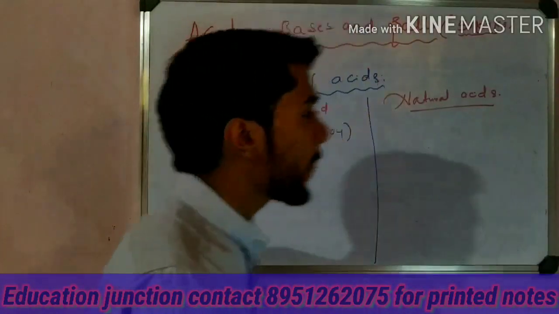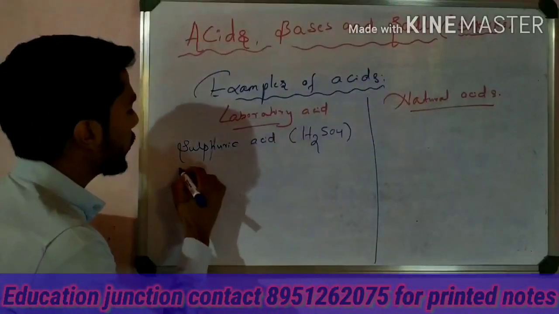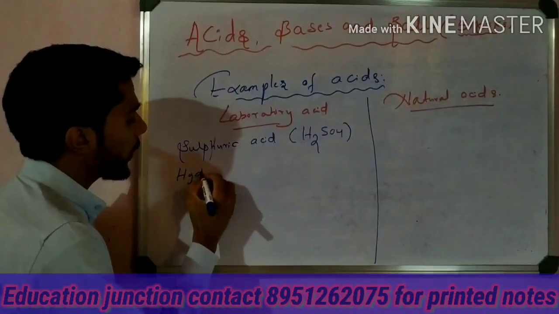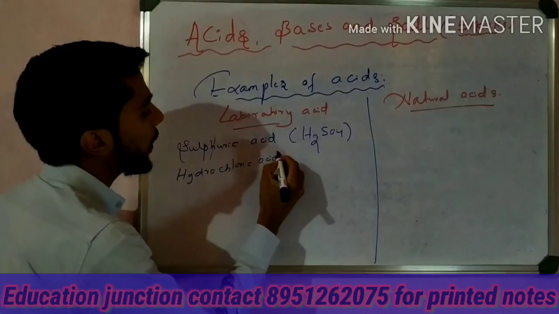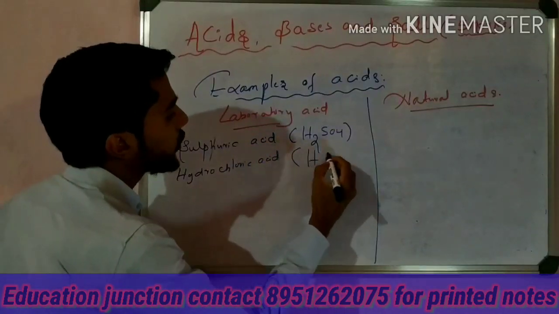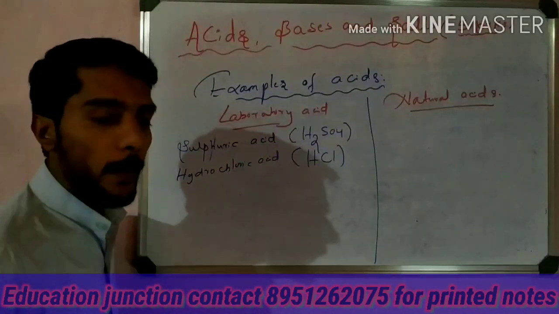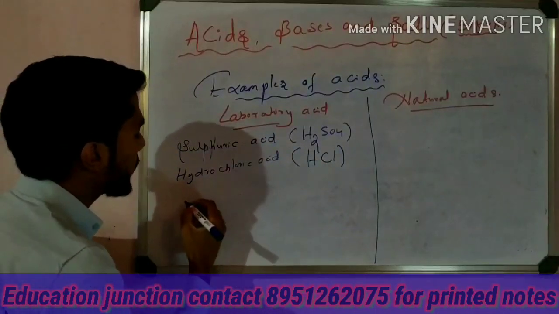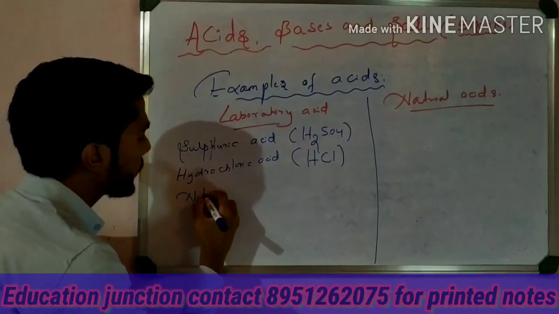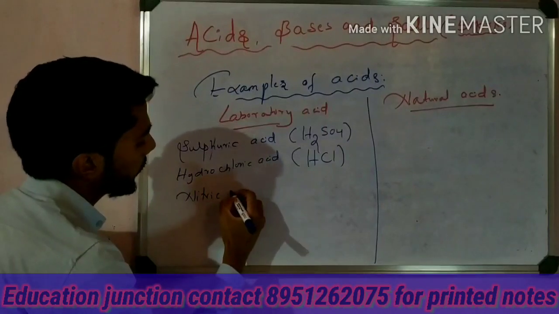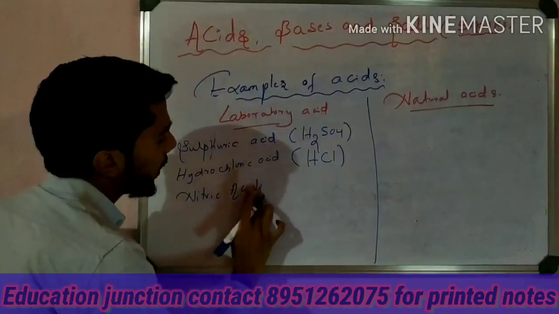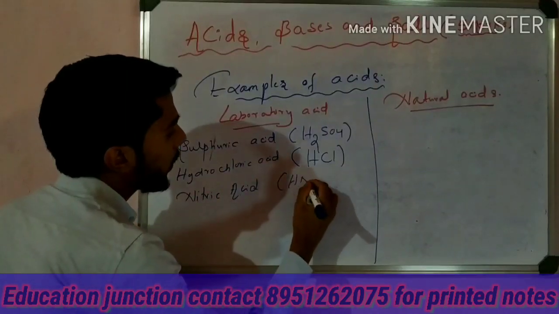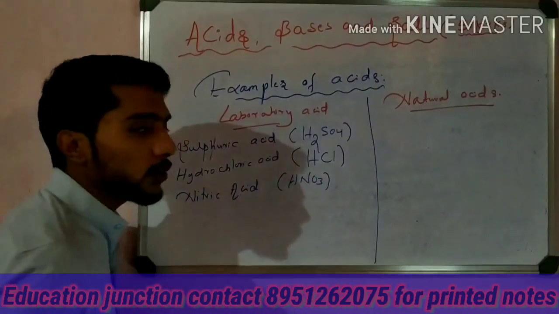Another acid is hydrochloric acid, formula HCl. Next example is nitric acid, HNO3, also one type of acid.